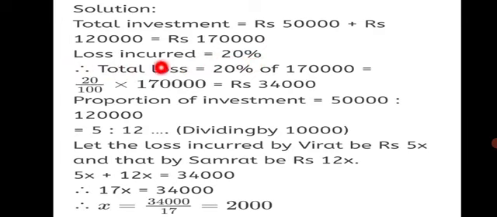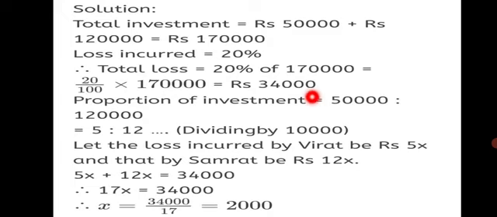So to find the total loss, we will have to solve 20% of 1,70,000, that is the total investment. So 20% of 1,70,000, how do we write it? 20 upon 100 into 1,70,000. Reduce the number of zeros. 17 twos are 34 and 3 zeros. So 34,000 is the total loss incurred.